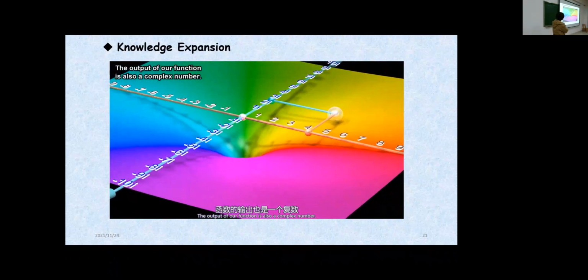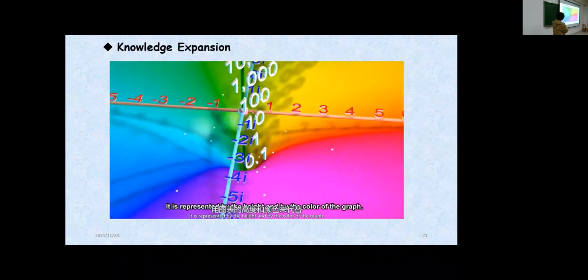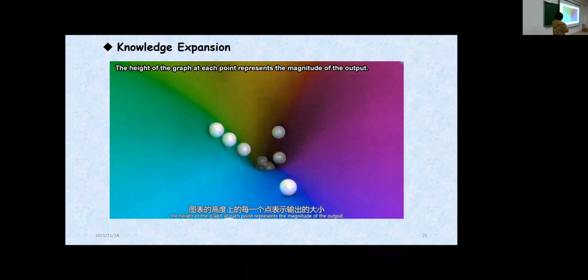The output of our function is also a complex number. It's represented by the height and by the color of the graph. The height of the graph at each point represents the magnitude of the output.